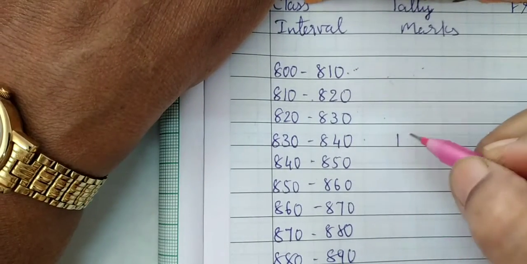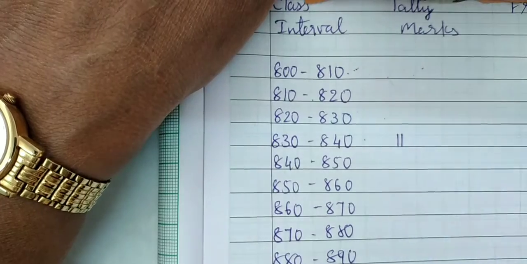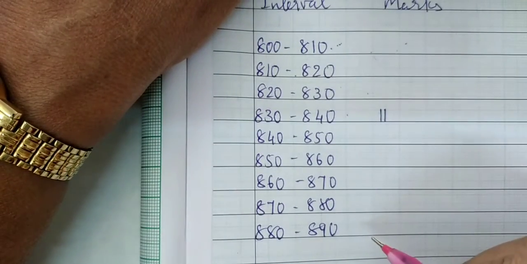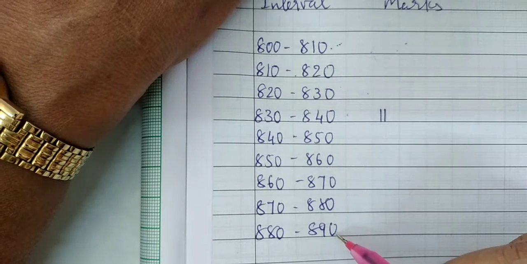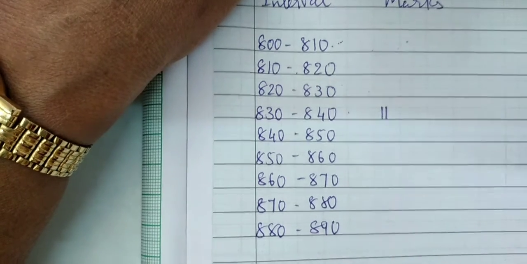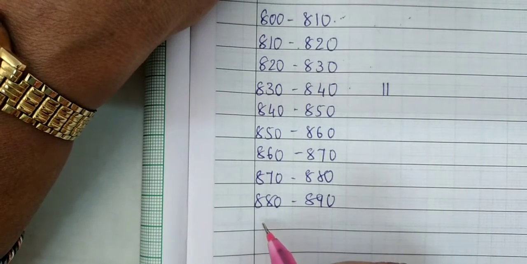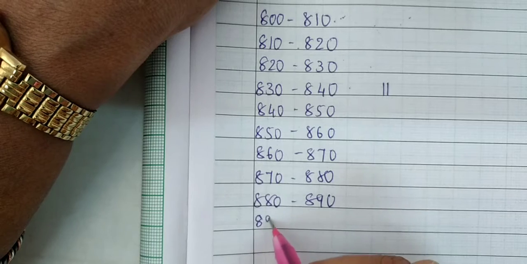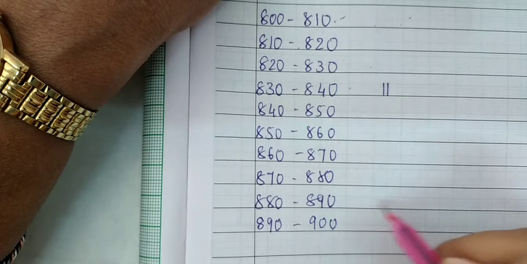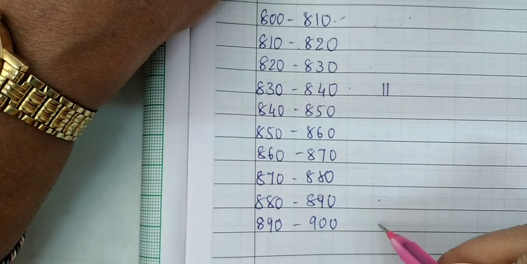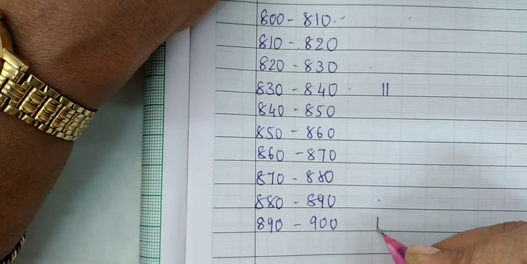So 1 more mark. Then next is 890. Where shall we go? And see here, as I said, 890 will not be included. So I have to go for one more class, 890 to 900. I cannot mark over here. I have to go for the next class. So I will mark here.